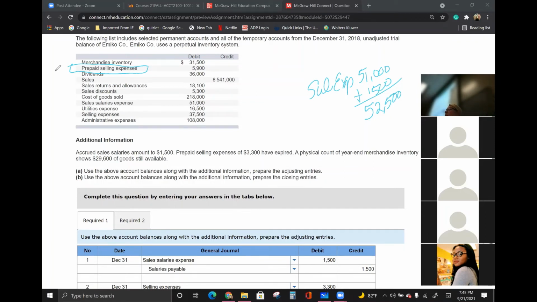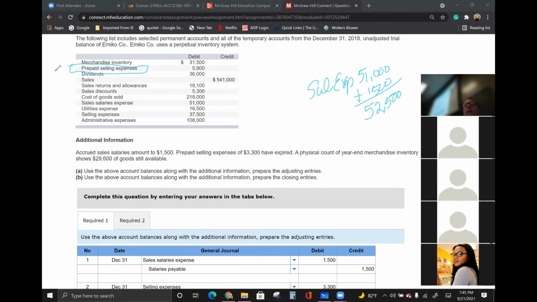And then over time, we use that expense, right? And we record the expense in that month, in that period, and we reduce that prepaid. So that's what we need to do in this adjusting entry. We need to adjust what that balance needs to be. So it's telling me 3,300 has expired. It's not saying what the ending balance should be. It's just telling me how much we've used.